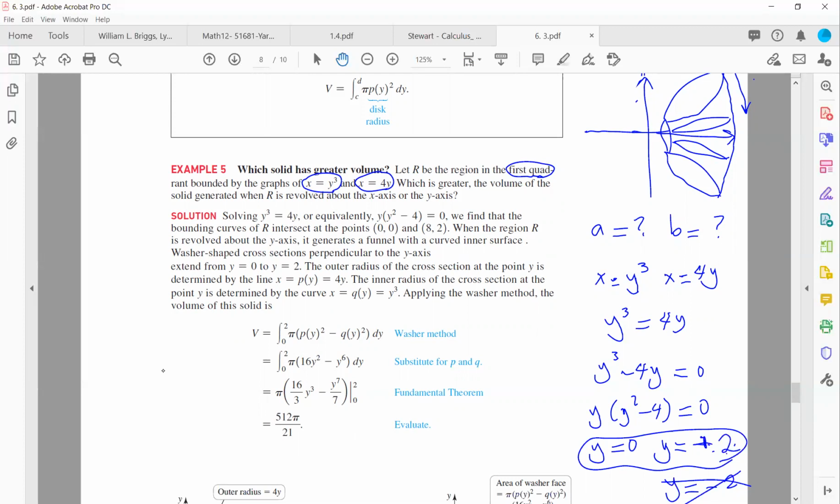Very well. So this is your linear function for y, and this is your cubic function, which is below the linear function. Let me set x equal to each other.